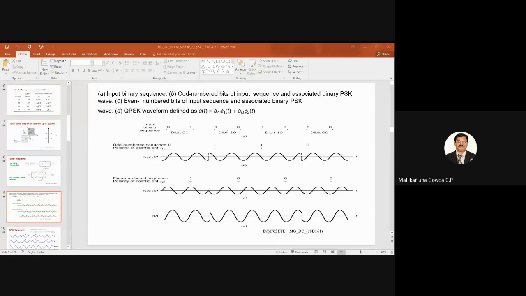Means we get one BPSK signal. It is nothing but one BPSK signal, right? Odd numbered sequence. Yes, sir. So that we get the in phase component.